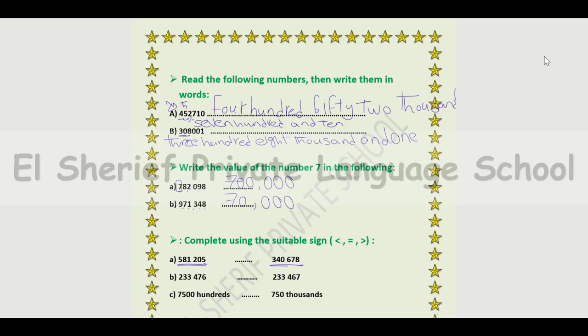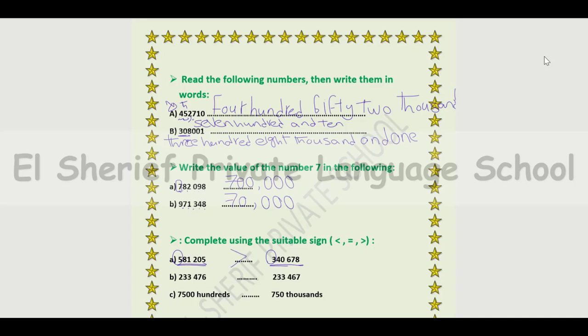The second step, we start from the greatest place value and compare it together. In the greatest place value on the left side we have 5, and the greatest place value on the right side we have 3. So 500,000 is greater than 300,000, sorry. So the whole number on the left side is greater than the whole number in the right side.